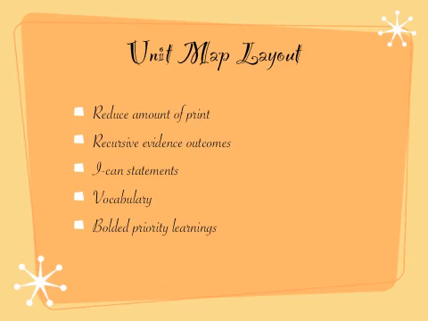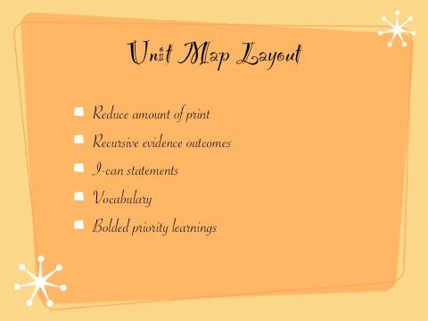Once we completed the work of assigning evidence outcomes to the units, we took a look at the maps and revised some of the layout to make what we felt is a more friendly document. To reduce the amount of print, we reformatted the evidence outcomes in the skills section.